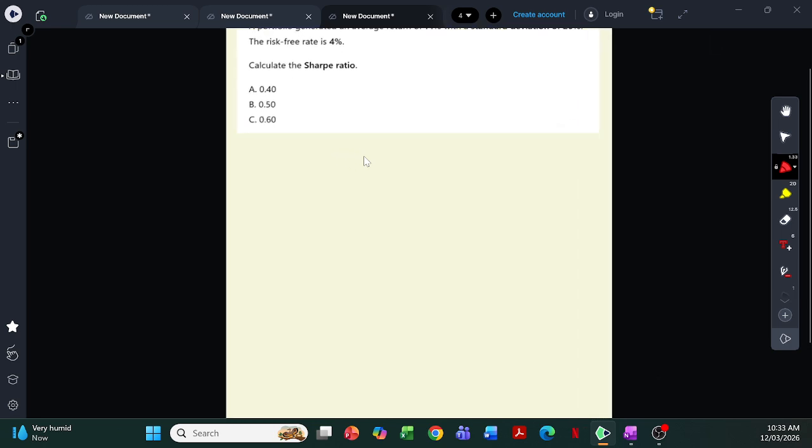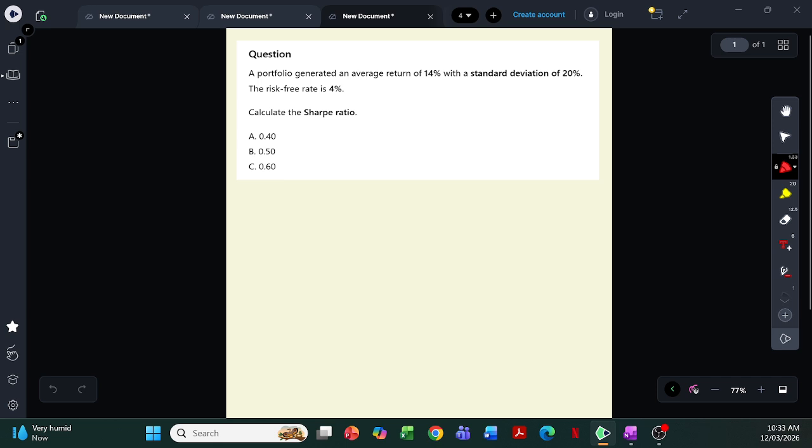The next question we're going to talk about is the Sharpe ratio. What is the Sharpe ratio? Sharpe ratio is a measure of risk-adjusted return, which is calculated as the excess return over the risk-free rate divided by the portfolio's standard deviation.